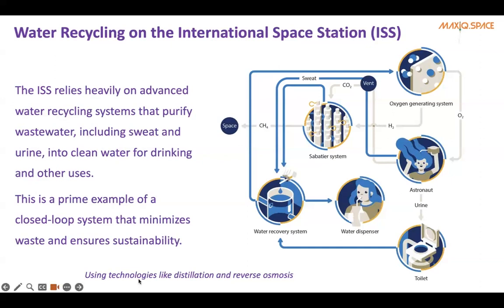And so distillation is the process where we are evaporating something and then condensing it again. So we would evaporate, let's say, the dirty water, and then when we condense the water out, it would actually be pure water.